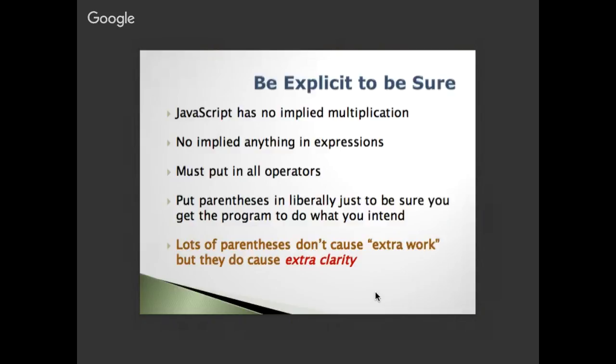JavaScript has no implied multiplication, so no implied anything. Even though we know what the mathematical precedence is, we code with that mathematical precedence in mind as we're coding. Be explicit and have extra clarity in what we're doing.